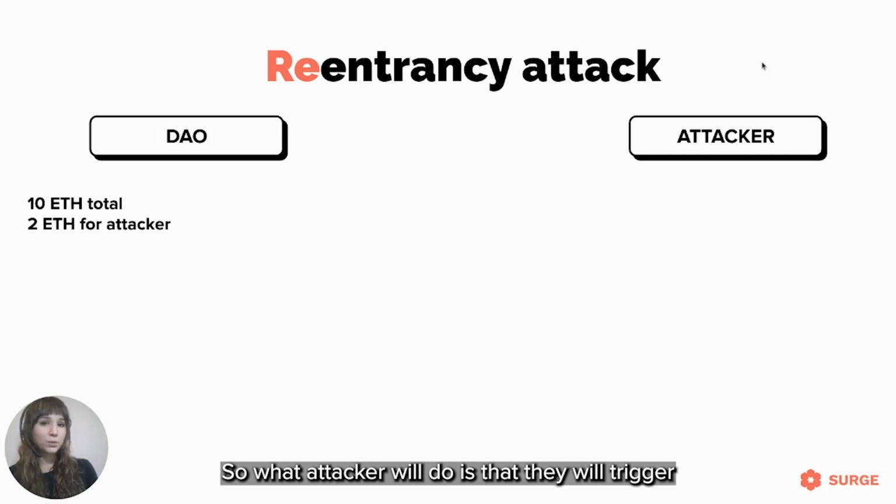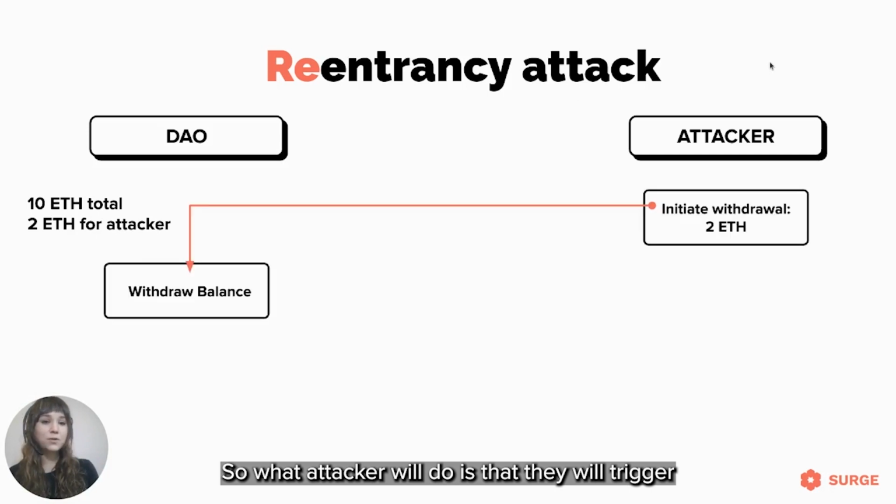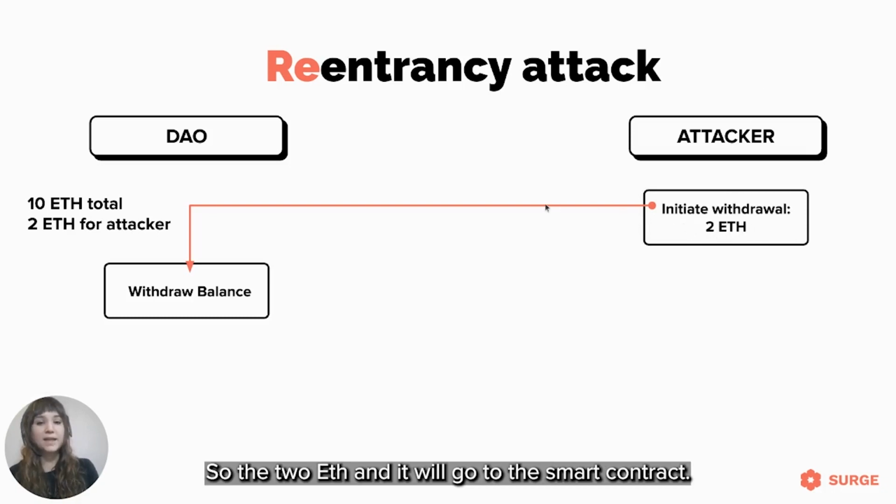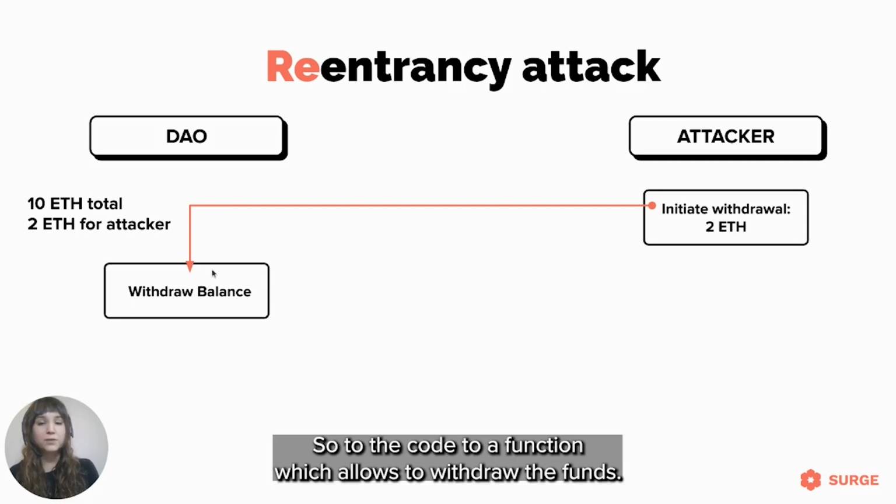So what the attacker will do is trigger a withdrawal of the allowed value, so the 2 ETH, and it will go to the smart contract, so to the code, to a function which allows to withdraw the funds.